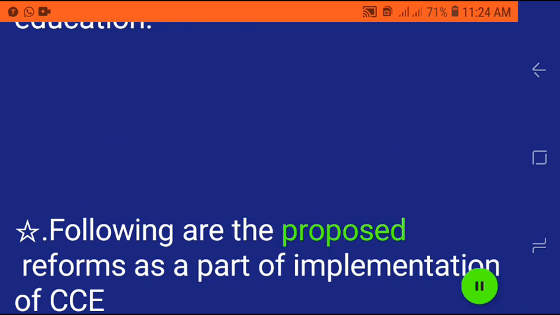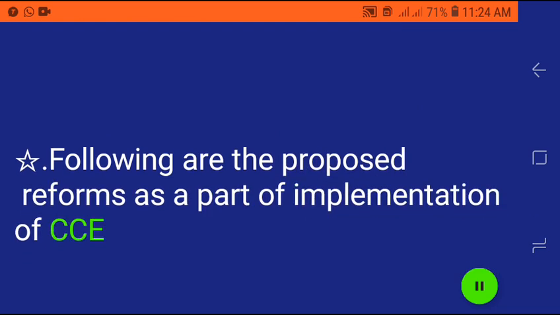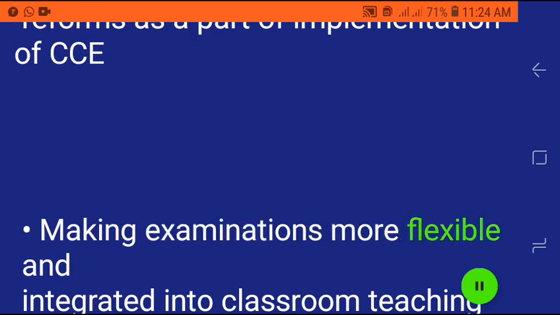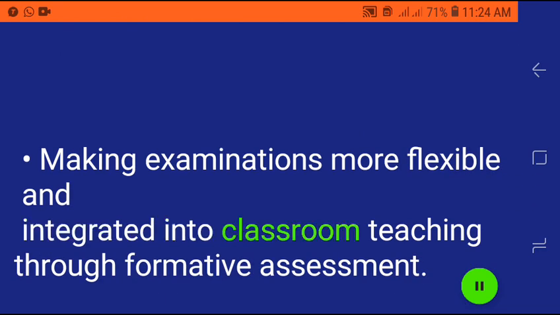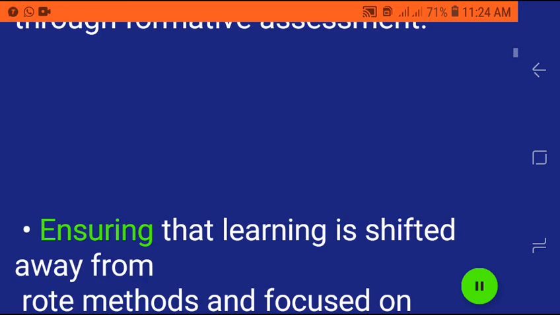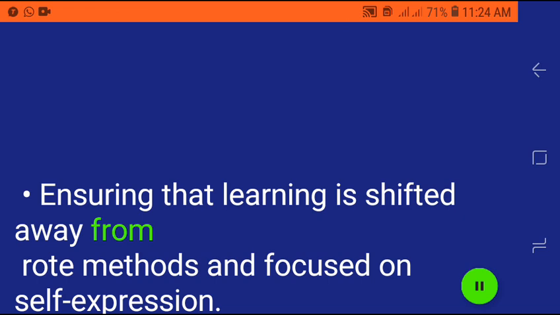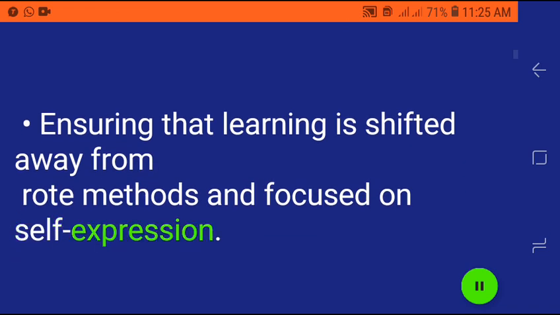Following are the proposed reforms as a part of implementation of CCE: making examinations more flexible and integrated into classroom teaching through formative assessment, ensuring that learning is shifted away from rote methods and focused on self-expression.